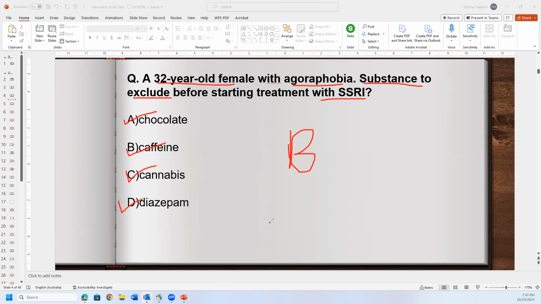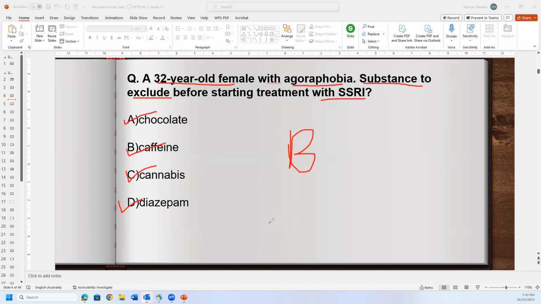So what they're trying to say is which substance should not be in a patient's system before you start an SSRI, so that the SSRI doesn't react with it and cause serotonin syndrome. So which of the following can cause serotonin syndrome if given with the SSRI? That's what they're trying to ask.